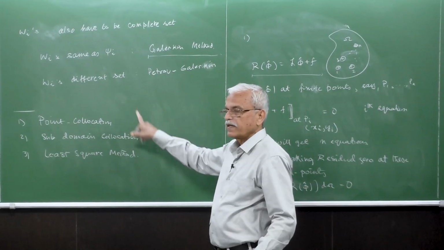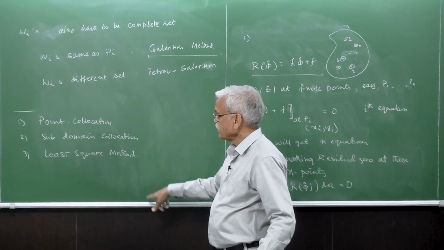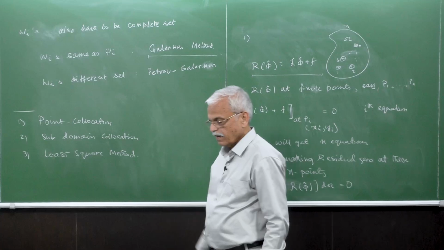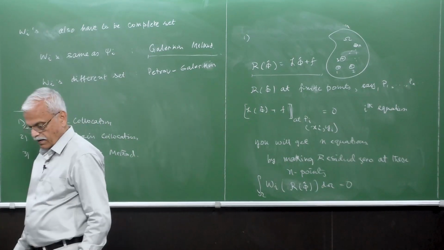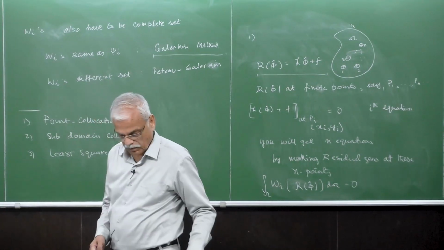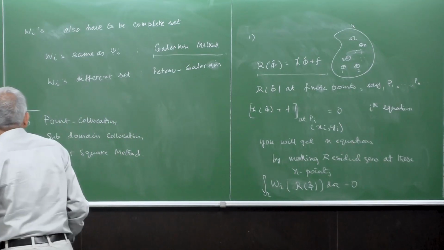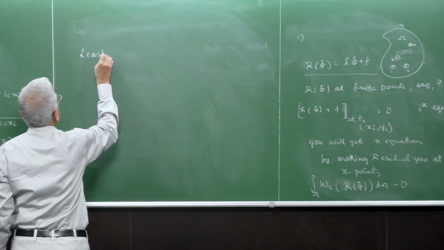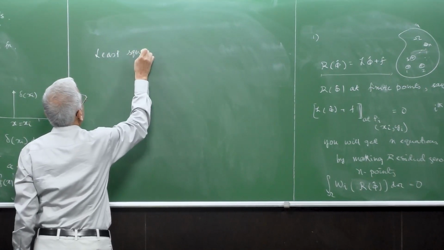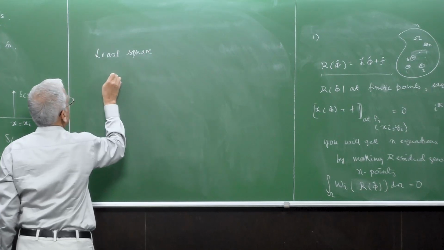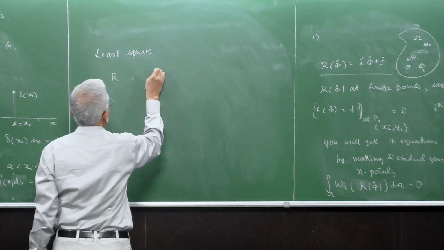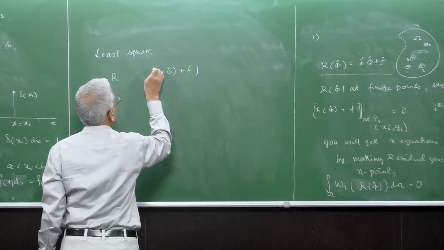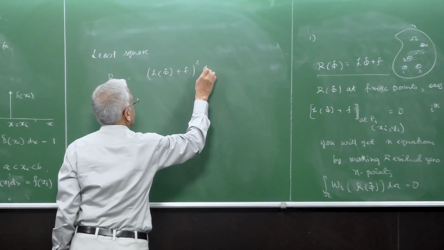Similarly, subdomain is nothing but the same over smaller subdomains. And I'll leave the least square method to you, but I'll just mention it here. In the least square method, the residual is written as whatever you have here and squared.